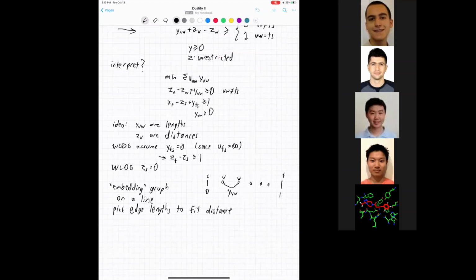Notice that once I place V and W, it's essentially putting a lower bound on the length of the edge, right? Now, what are we trying to minimize? This sum of U_VW, which is a capacity, times Y_VW, which is a length.